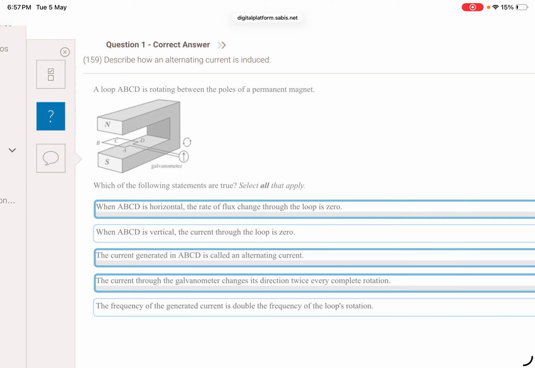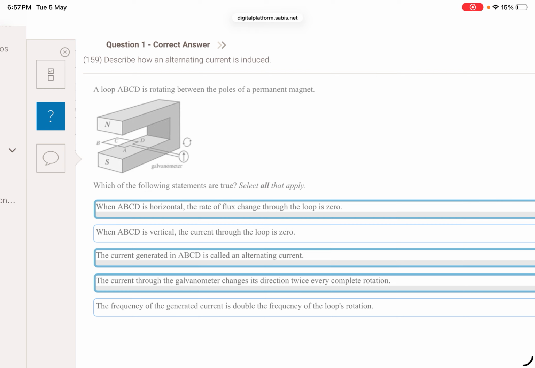So one complete AC cycle happens every full rotation, not twice. So the loop rotates every one AC cycle. Therefore, the frequency of the AC is the frequency of rotation, not double.